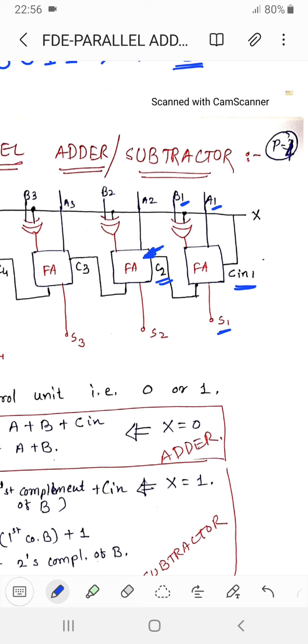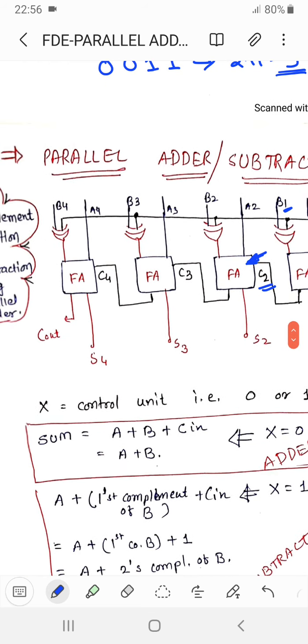This circuit is repeated in every stage, common with our two previous theories of parallel adder and parallel subtractor.